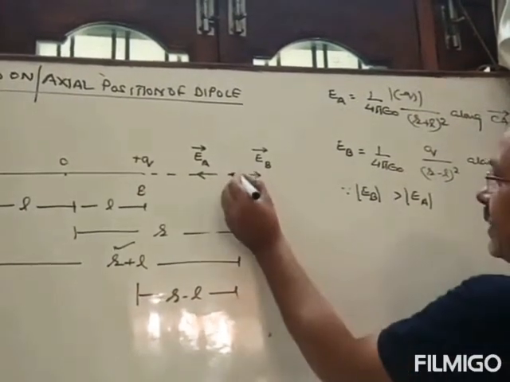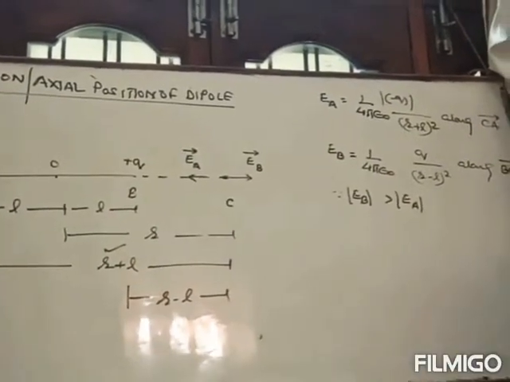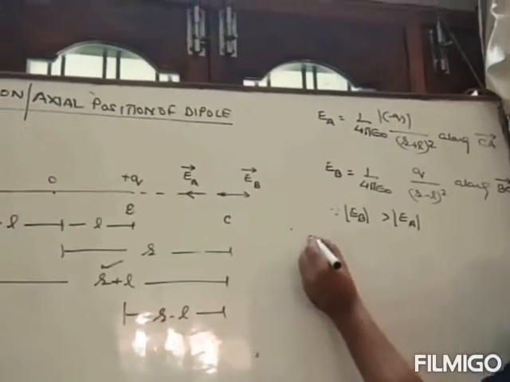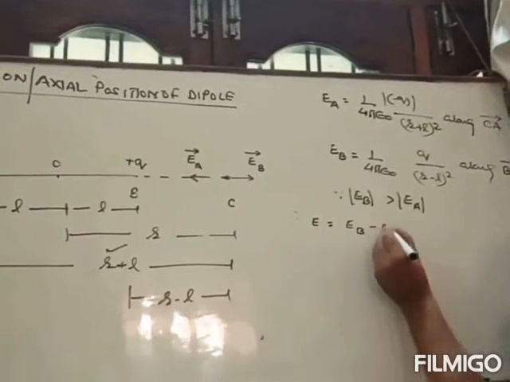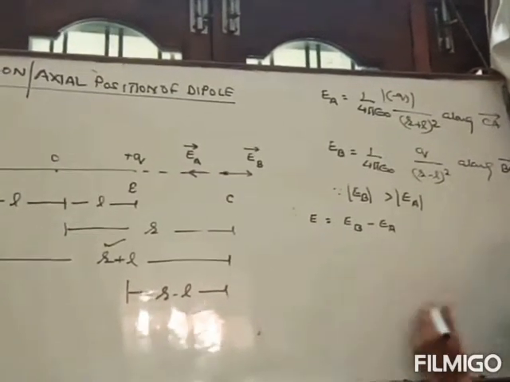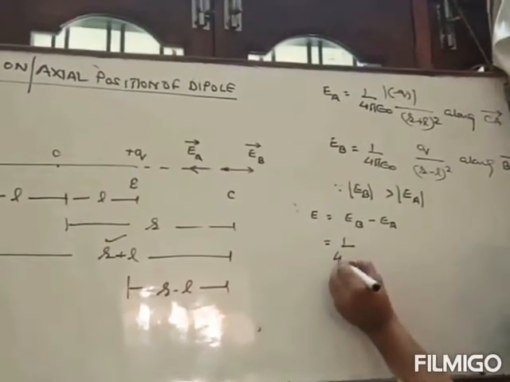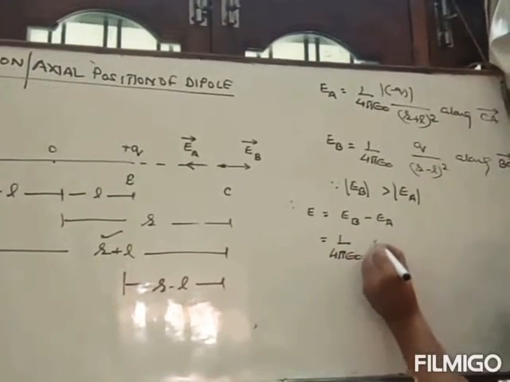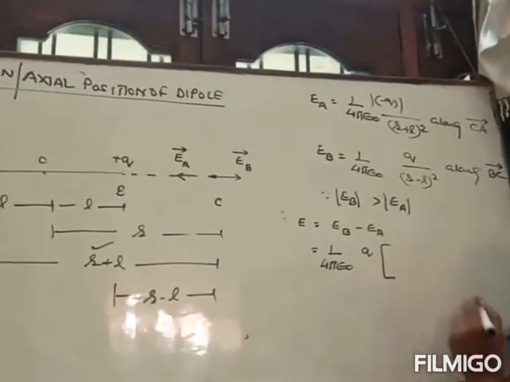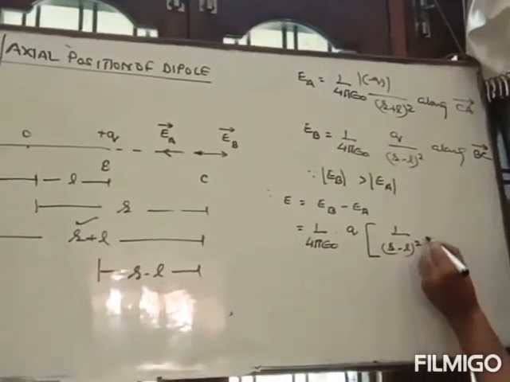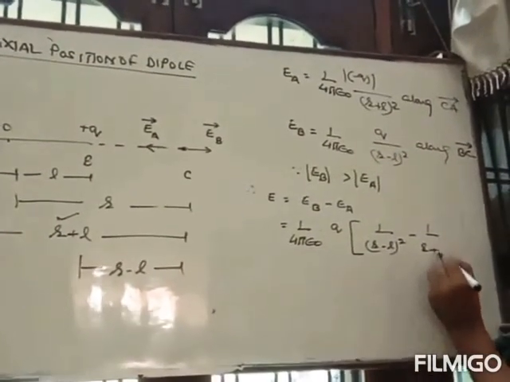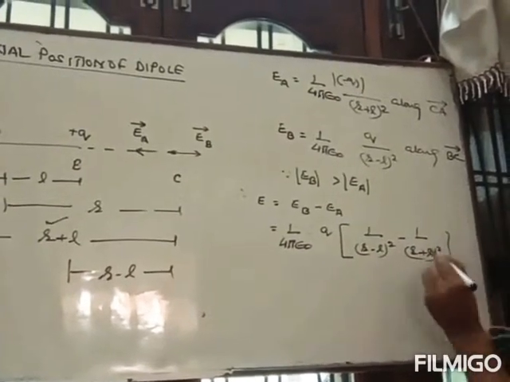But at point C, the directions of EB and EA are opposite. So net electric field at point C becomes EB minus EA. That is 1 upon 4 pi epsilon 0 into Q, which may be taken as common, into 1 by R minus L whole square minus 1 by R plus L whole square.